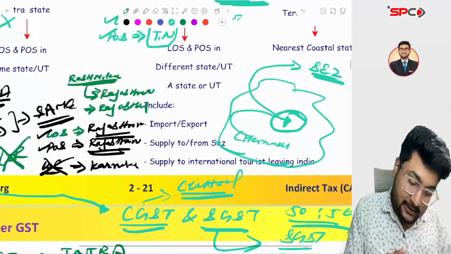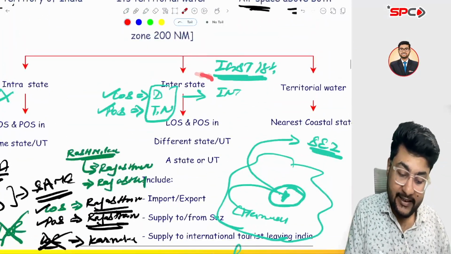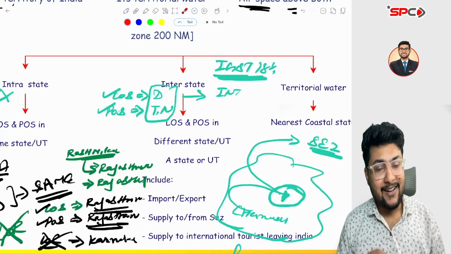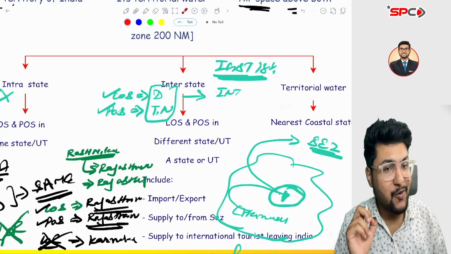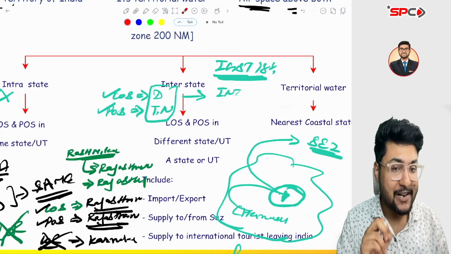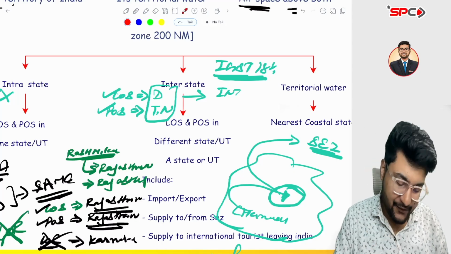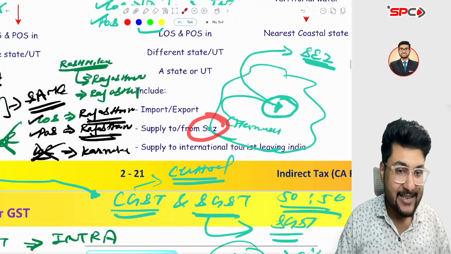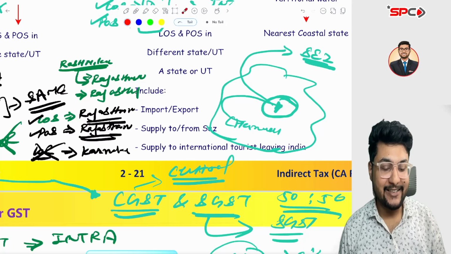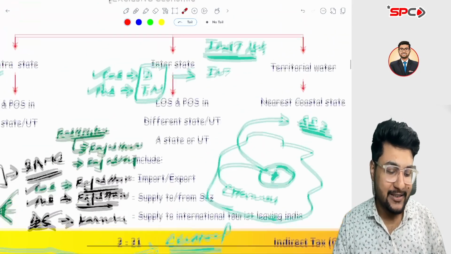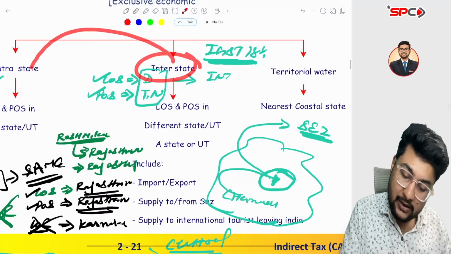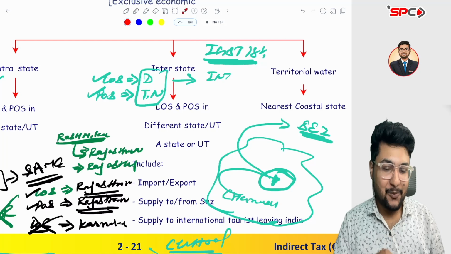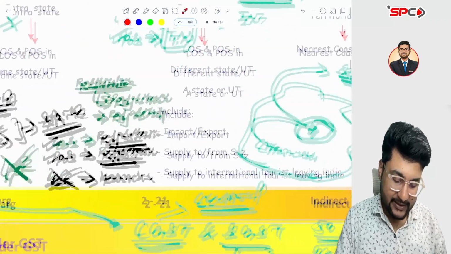It is specifically mentioned as interstate, and a special provision always prevails over a general provision. It's a very important line. If a question comes about an SEZ, whether it is interstate or intrastate, you will specifically write this line: specific provision always prevails over general provision. I hope it is clear.